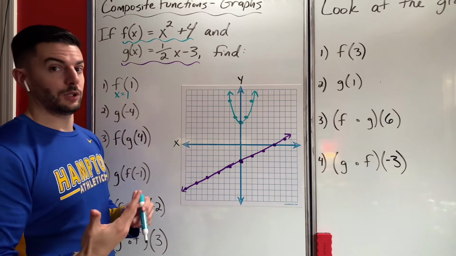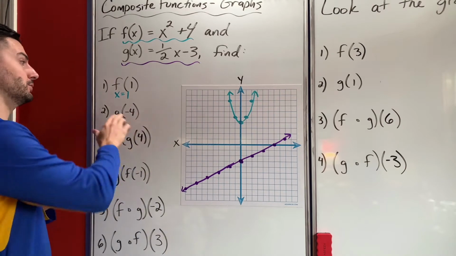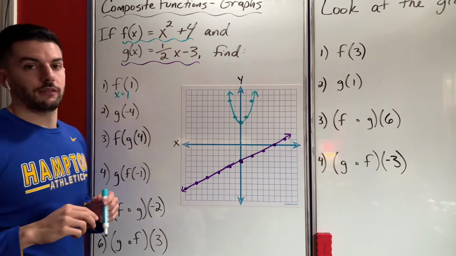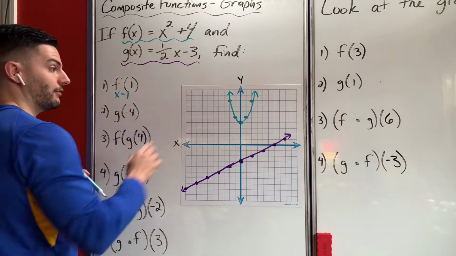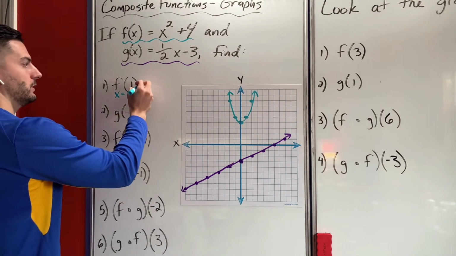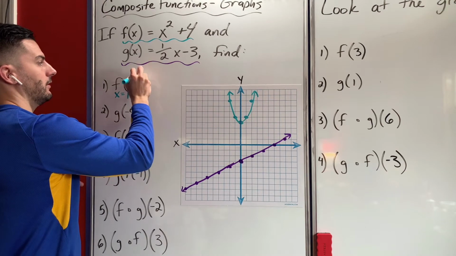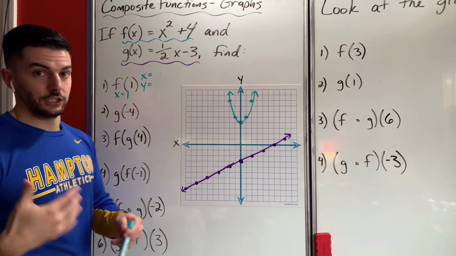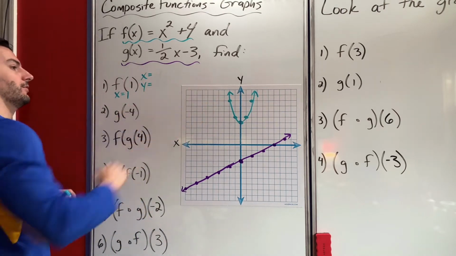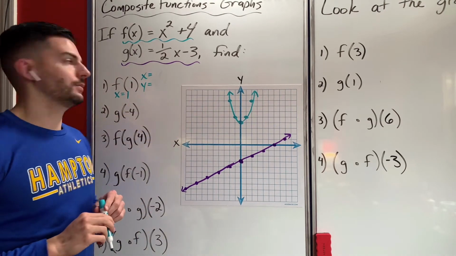Okay, so normally when we were solving this without the graph, we would just take that 1, substitute it in for x, and then I would get my y answer, right? But with a graph, I don't necessarily have to do that. Anytime you have a graph, you have an x coordinate and then a y coordinate that goes with that, right? And we have that for these two lines as well, okay?